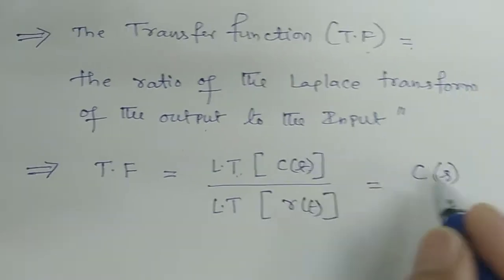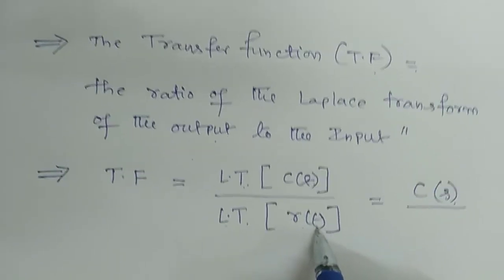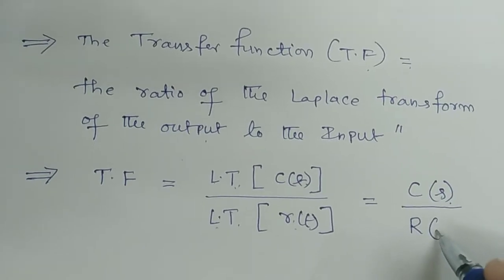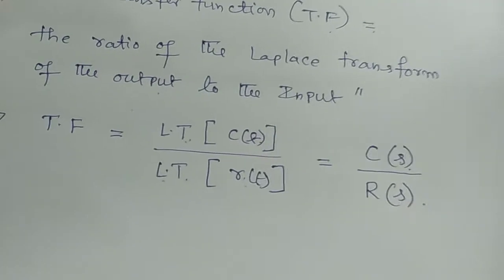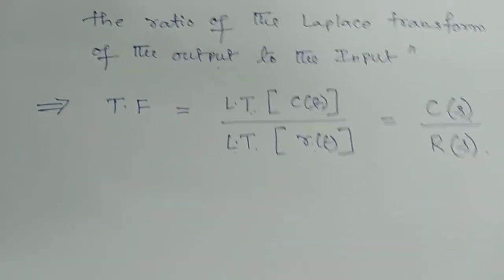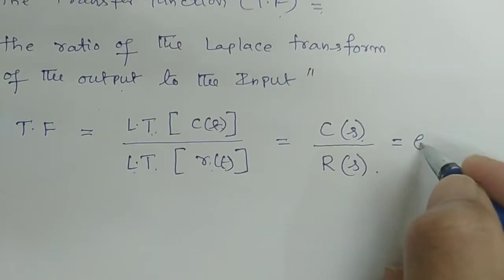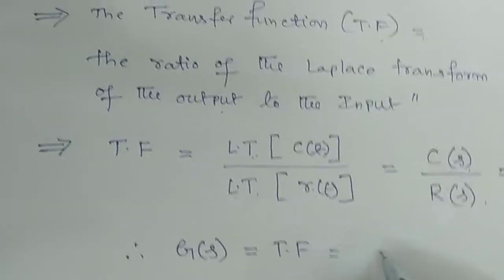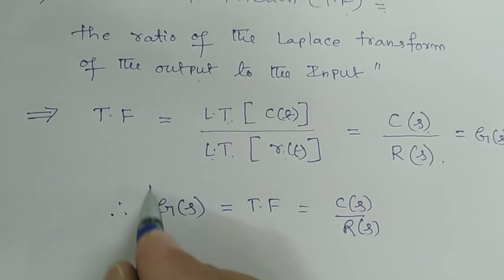Similarly, the Laplace transformation of R of t is R of s. Therefore, you can write the transfer function, which is nothing but your G of s, is equal to C of s by R of s.